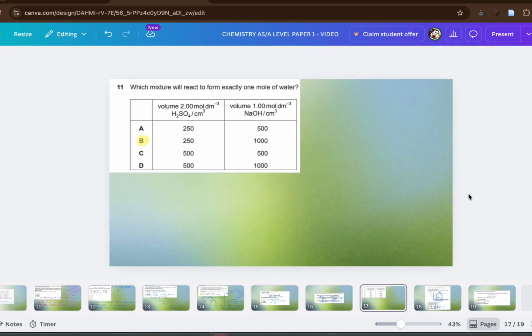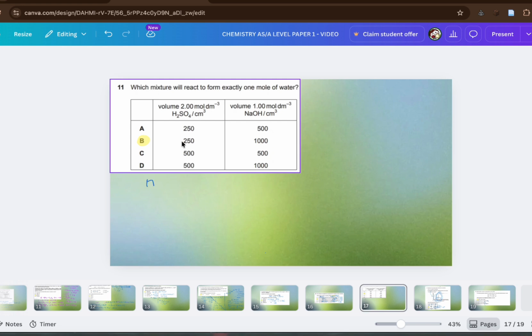Okay. All right, why is it B? Well, we'll explain. Here in option B, the volume is given as 250 for H2SO4 and 100 for sodium hydroxide. To find which reaction will form 1 mole, we have to find the moles of each of these particles.